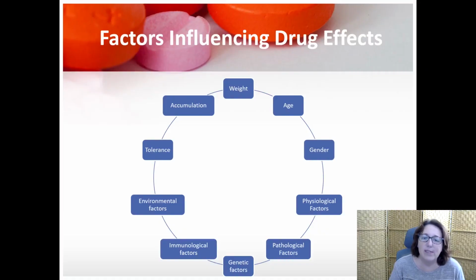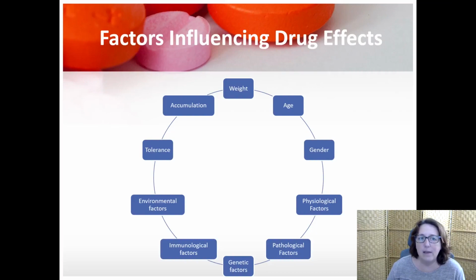Most often in older adults, we need to decrease the dose. There's a mantra I like to remember with our older adults, which is start low and go slow. So we start at lower doses, and when we do need to increase their dose, you'll see providers doing that more slowly than with their younger counterparts.